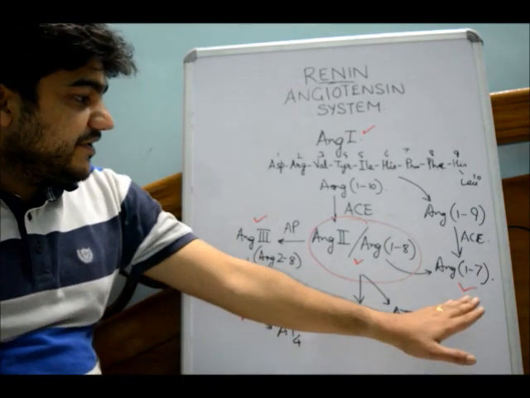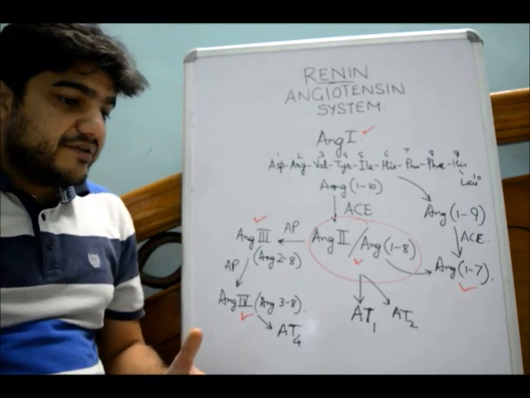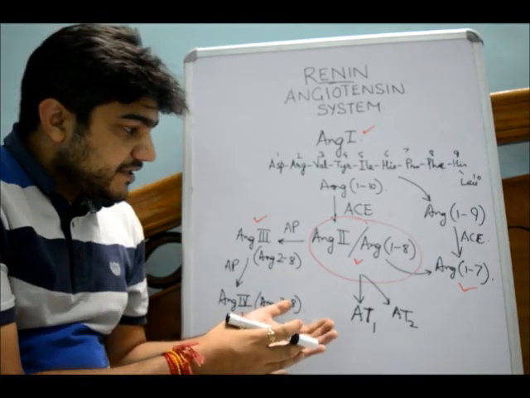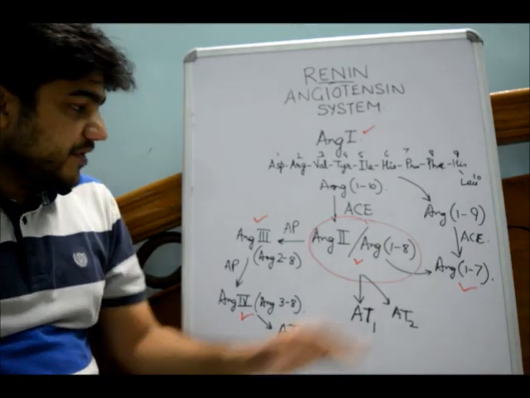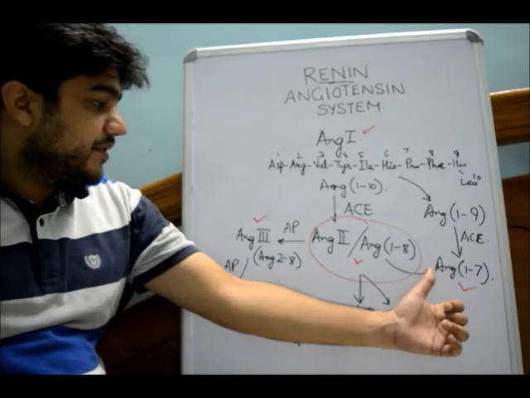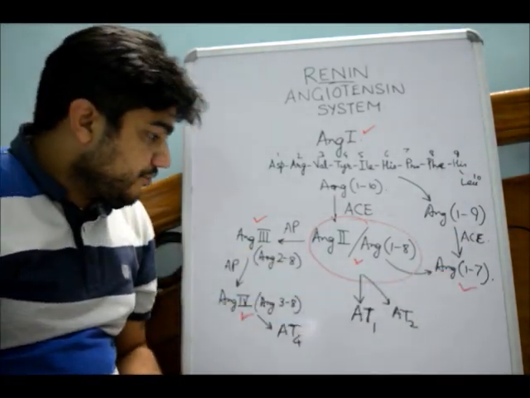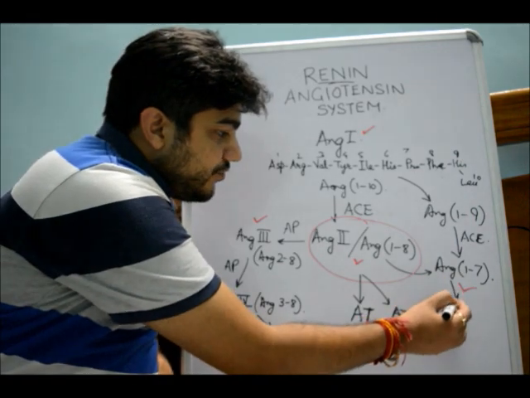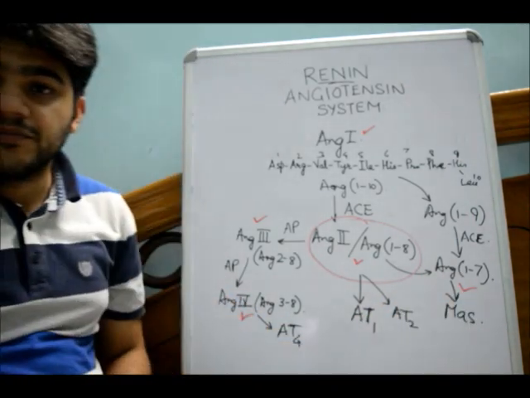Then angiotensin 1 to 7 also has a role which is opposite to that of angiotensin 2. It has a totally separate role, and it has its own receptor called the Mas receptor.